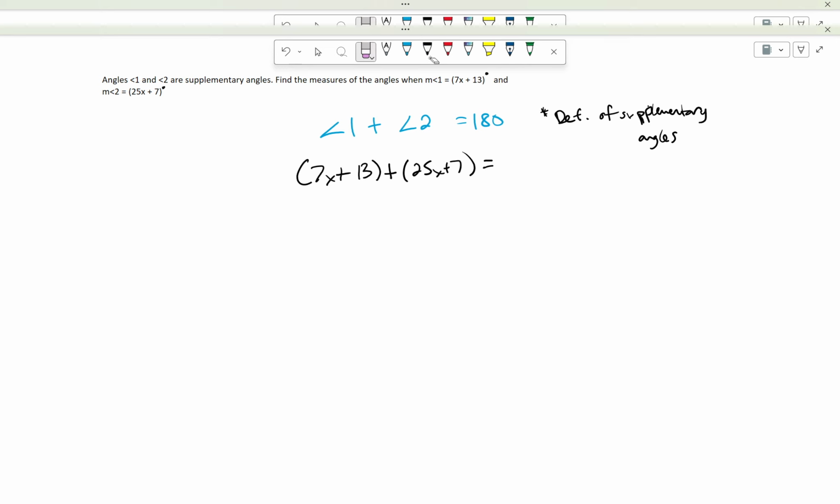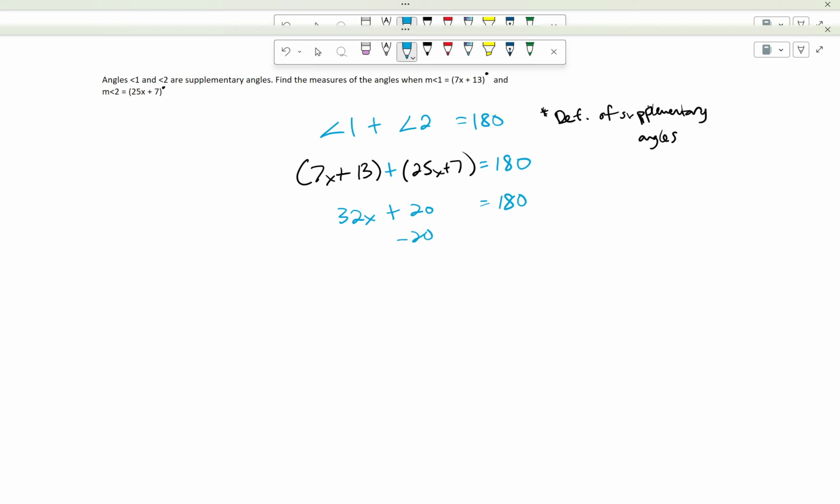Except I'm going to go back to my blue here because I just want to show you guys where I was substituting here. I substituted angle 1, which was this, and angle 2 was this. And then I'm off to the races doing algebra. So now I do 7x plus 25x, which is 32x. I do 13 plus 7, which is 20, is equal to 180.